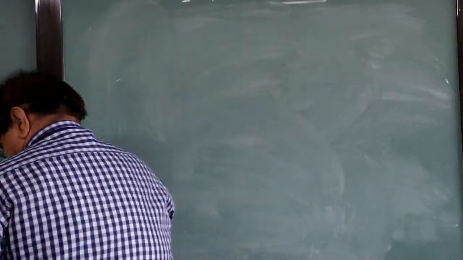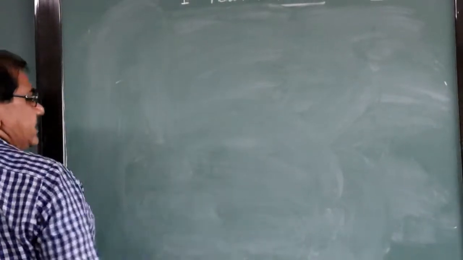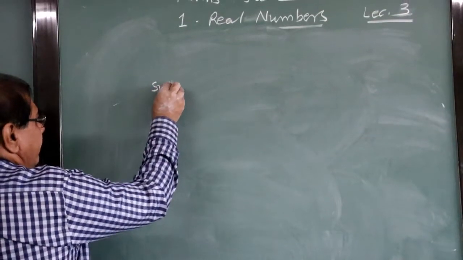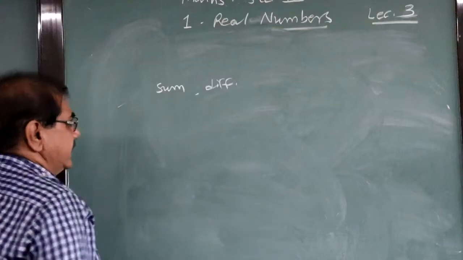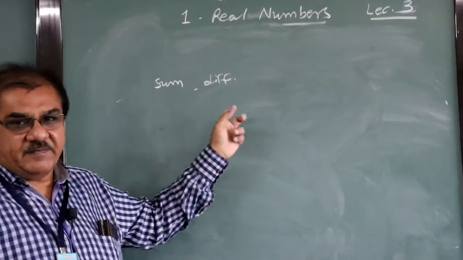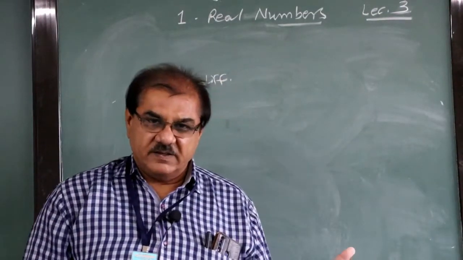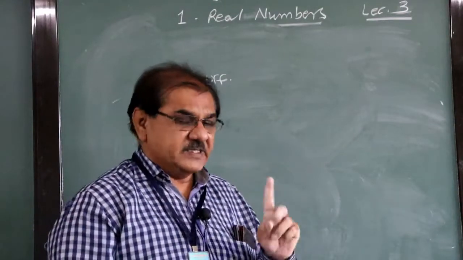Similarly, we have one more type of number like this, because we have some properties of sum and difference. Sum means addition, difference means subtraction. So the sum and difference of one rational and one irrational is always an irrational number, that we have studied in standard 9.